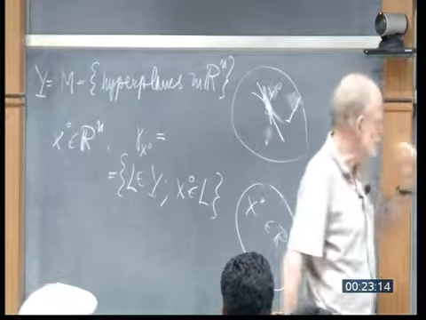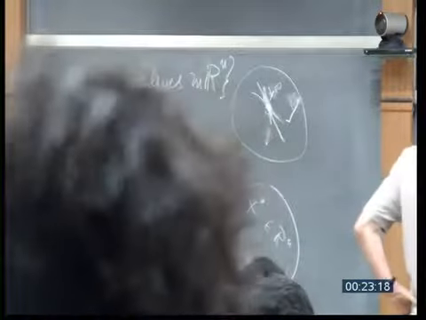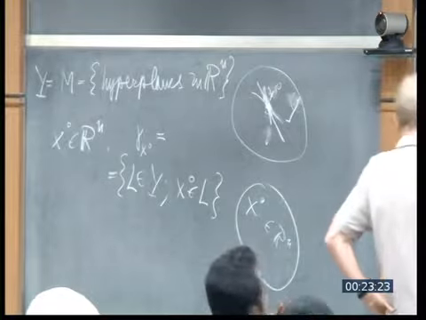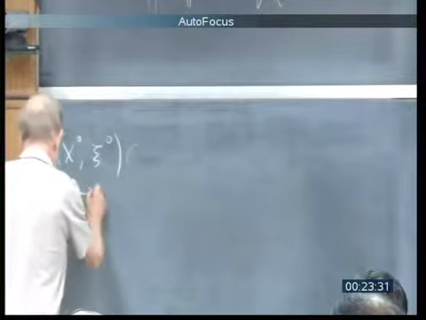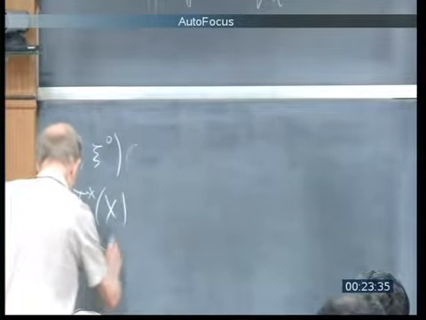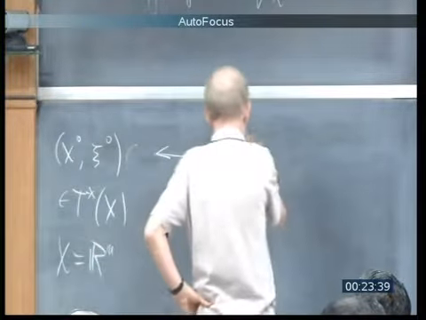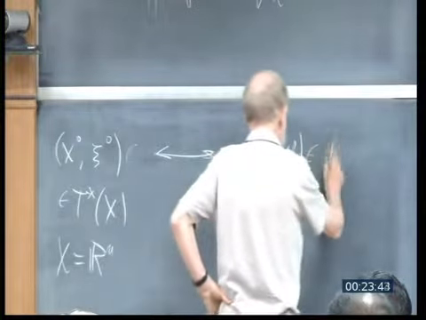Let me repeat also the correspondence, which was between, let's have x0, xi0 here. These are elements in T star x, where x is Rn, and points y0, eta0 in T star y.